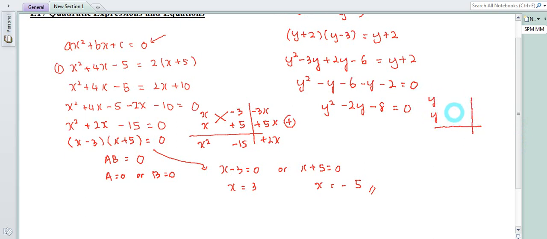Y times y, right? So 8, if I try, let's say if I try 8 times 1, okay? This is 8y, this is y. These two you add up together, cannot get negative 2y. It's impossible, right? So it means that this combination is not correct.